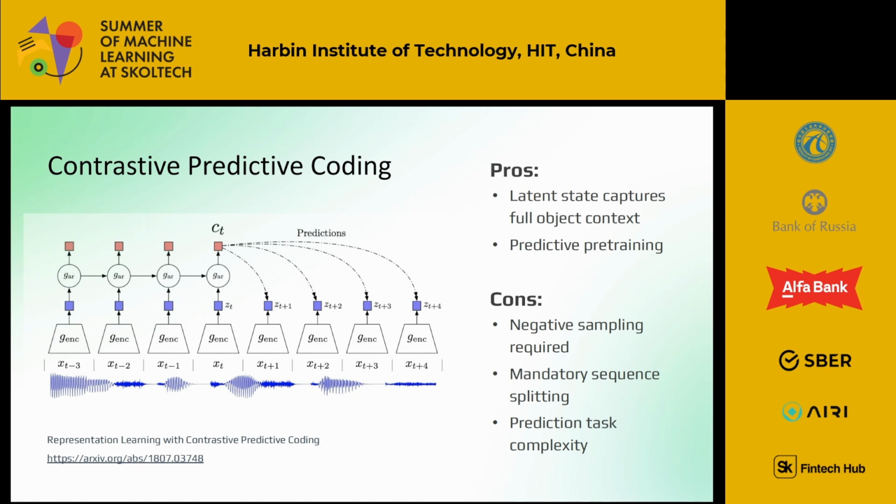This looks like a GPT model, but the loss is not a reconstruction loss, it's a contrastive one, because we predict not the original sequence, we predict the embeddings of this original sequence.